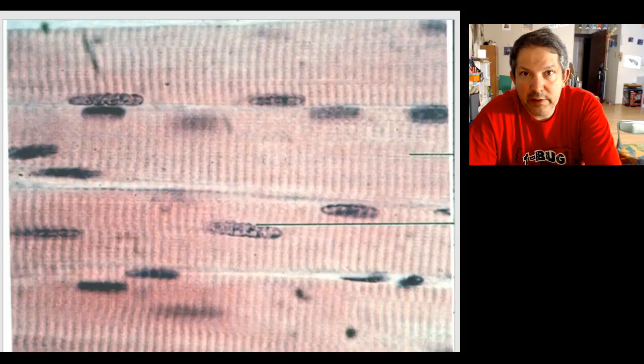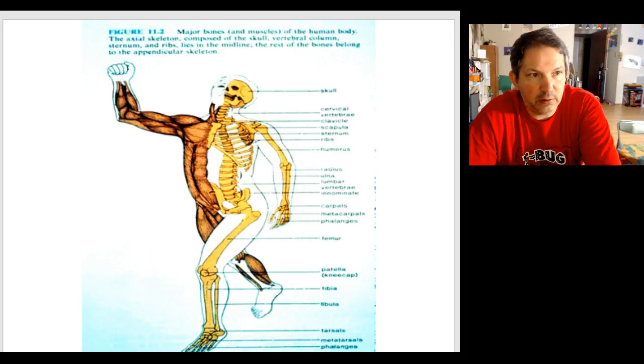So here is just a look under a light microscope of skeletal muscle cells. As I mentioned, one cell runs the whole length of the muscle. The longest muscle cells in your body will be in your legs, maybe the sartorius muscle, because it stretches across.